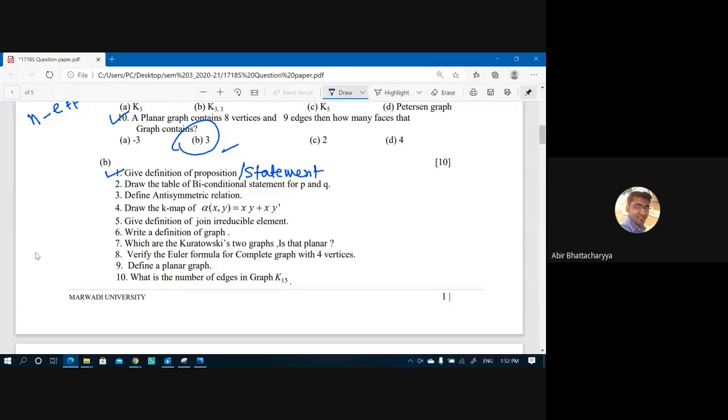Proposition is also known as a statement. Just another nomenclature of statement is proposition. So write down the definition of a statement in a single sentence. All of you write it on the chat box.